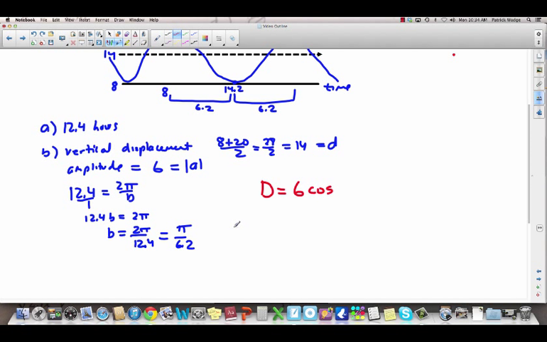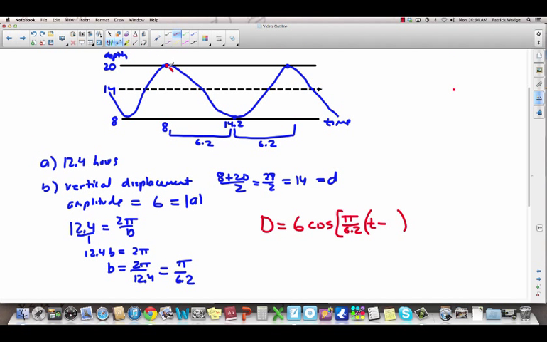The b value is pi over 6.2 time t minus, now how much has this thing been shifted over? Well, we shifted this over to 8. We're starting not at time 0, we're starting at time 8. So it's t minus 8, and then our vertical displacement, our d value is 14. Finished. That's it.